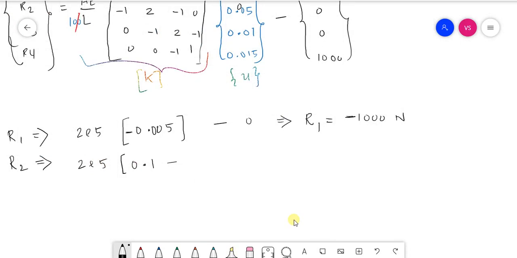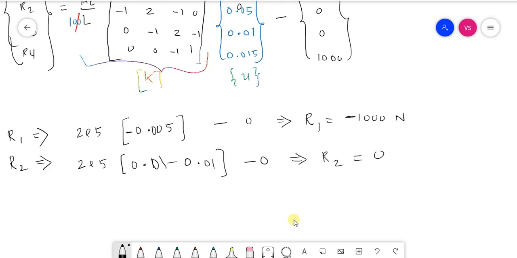Here it should be 0.01 now, not 0.1, minus this 1 times 0.01. So this will be 0 minus 0. So this will give you R2 will be 0.